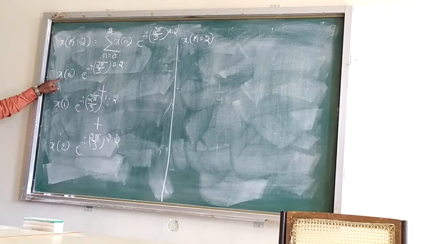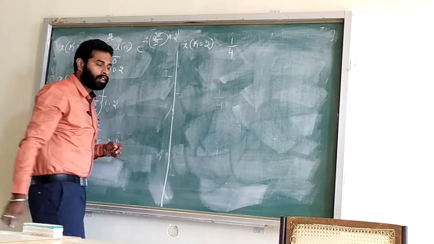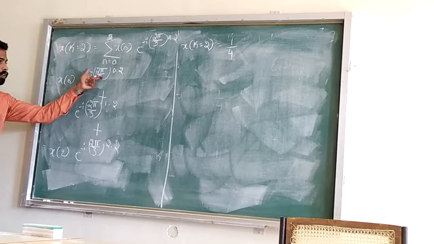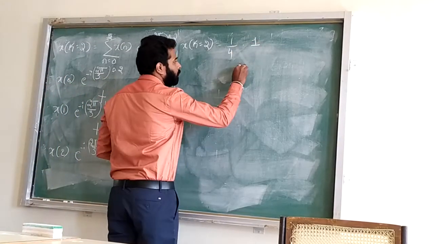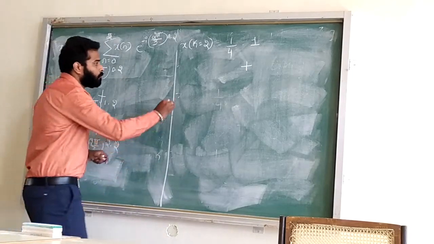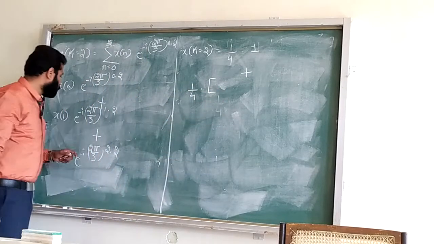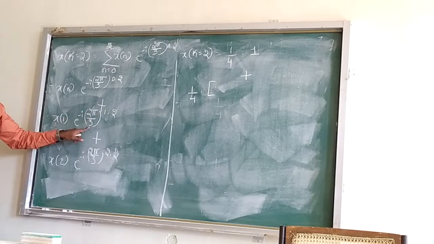Now x naught is 1 by 4. So first, 1 by 4 into e raised to 0, since 0 into 2 is 0, and e raised to 0 is 1. So 1 by 4 into 1, plus x of 1. X of 1 is 1 by 4. So 1 divided by 4 into e raised to minus I 2 into 2 is 4, so it is 4 pi by 3.